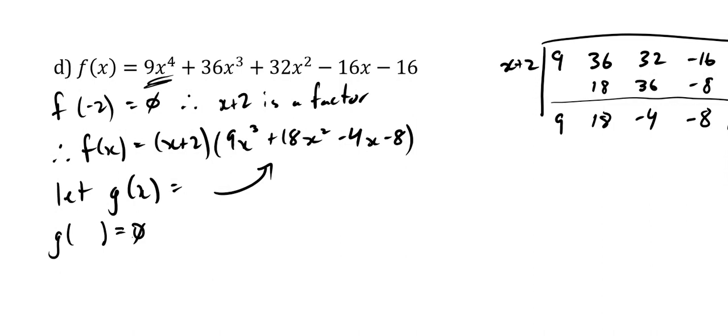Also, I know that there's going to be some kind of tricky, complex trinomial at the end because of the 9, right? When we look for these factors that are just x plus 2, x plus 1, x minus 1, it doesn't account for any factors that are like 3x plus 2.